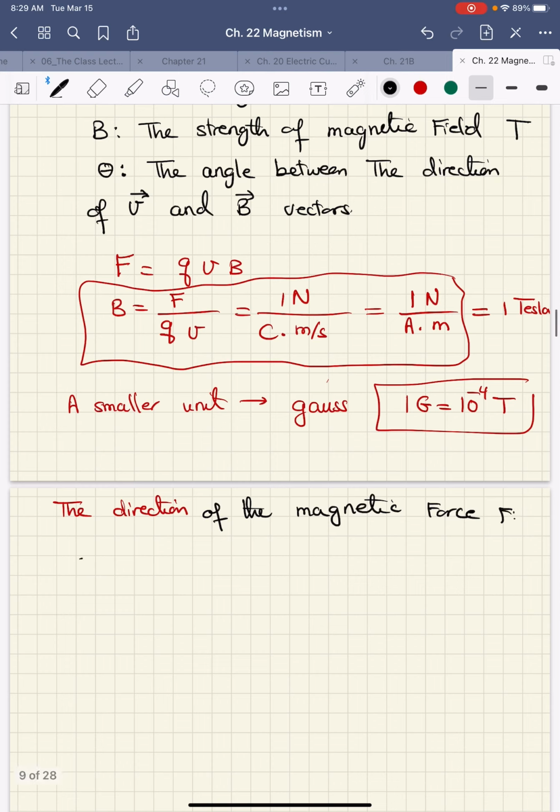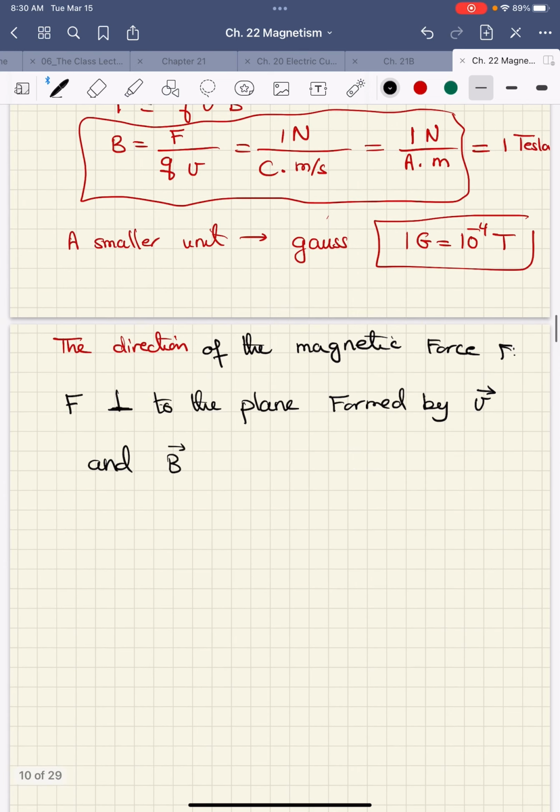That force is always perpendicular to the plane formed by V and B. What does that mean? If I have, let's say, B along the x-axis and V along the y-axis, then the direction of the force is along the z-axis.